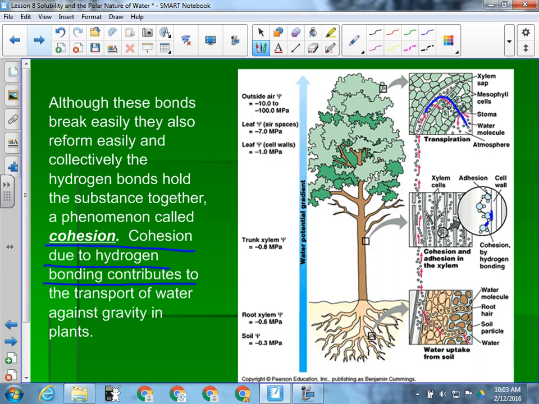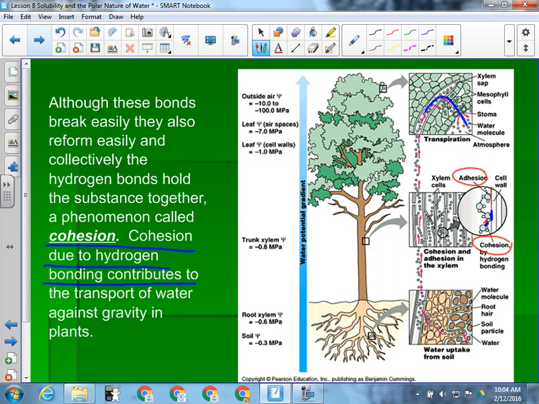All right. So inside the tree trunk, we can see here that we've got cohesion. Cohesion means a hydrogen bond between two water molecules. And then there's adhesion, and that is a hydrogen bond between a water molecule and something else, in this case, the inside of the tree. Those two processes are essentially chemically identical.